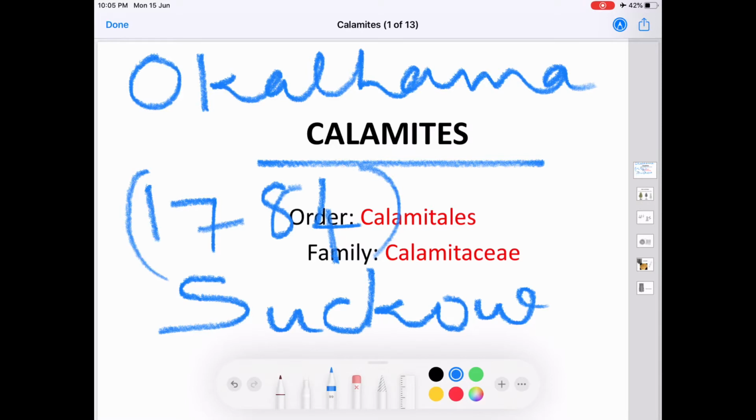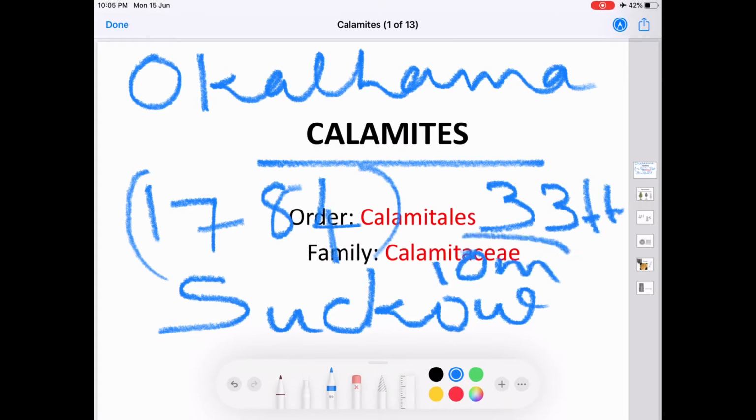It has yielded many kinds of fossils such as the trunk, the leaves, the rhizome, etc. The tree Calamites reaches a height of 33 feet, that is 10 meters.